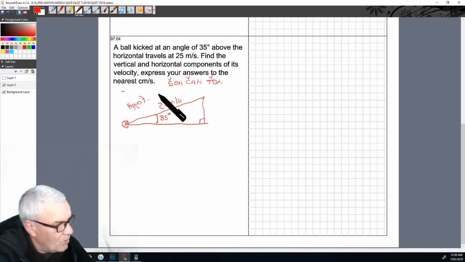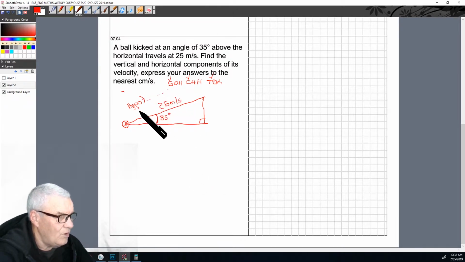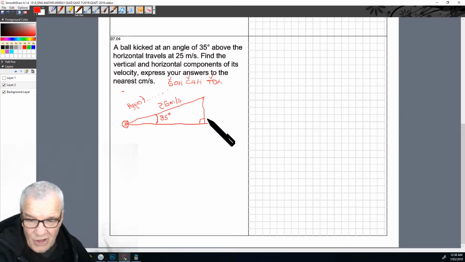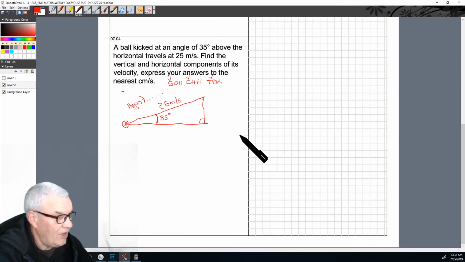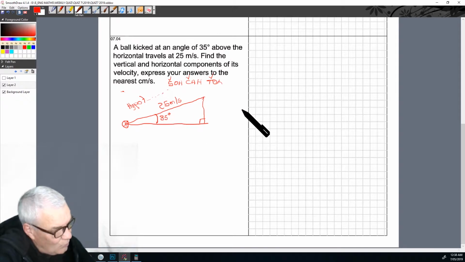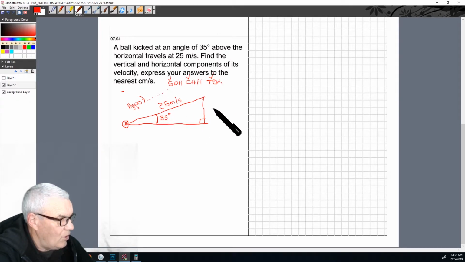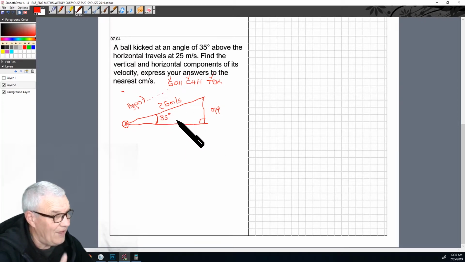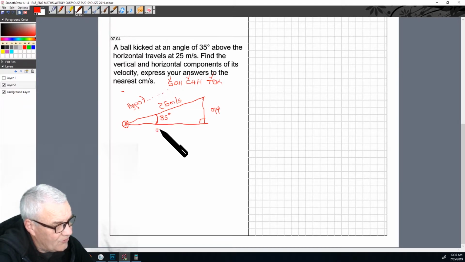I'm not going to write it in full because I usually get the spelling wrong. Now this is the 35, so the side that the angle looks at is called the opposite side. And the side that with the hypotenuse forms the other arm of the angle is called the adjacent side.